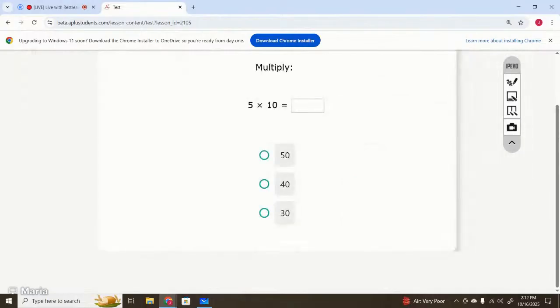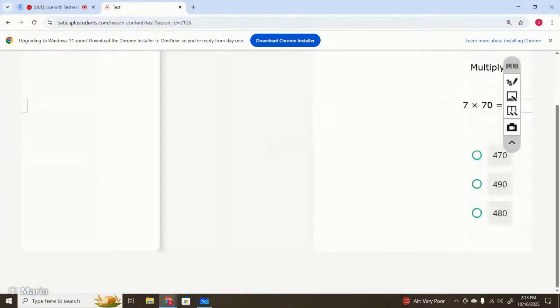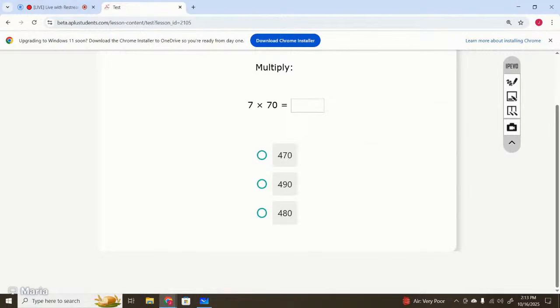Okay, 5 times 10, the correct option. 50 it is. 5 times 10 is 50. 7 times 70.